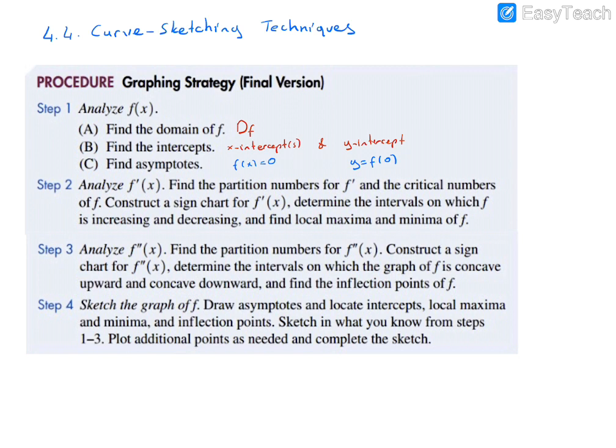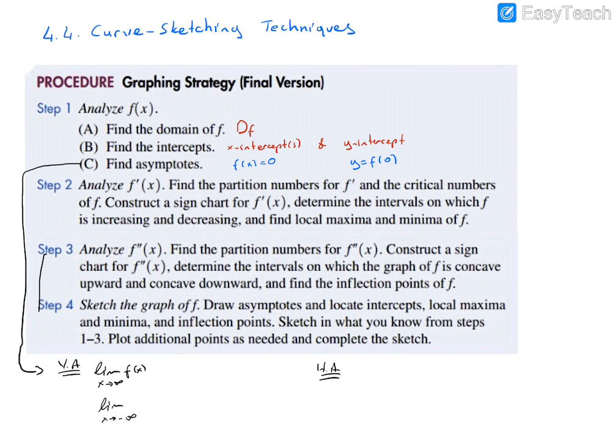And you should find the asymptotes. Let's recall. In this section I will also give the oblique asymptote. But first, let's discuss the vertical and horizontal asymptotes. Horizontal asymptotes can be calculated easily by considering these limits: the limit of f of x when x goes to infinity, and the limit of f of x when x goes to minus infinity.